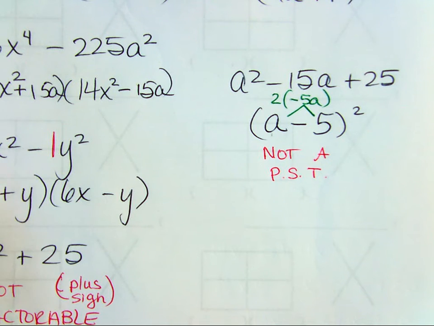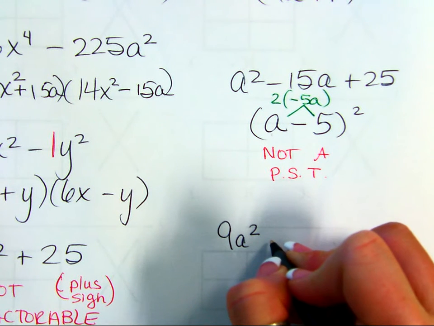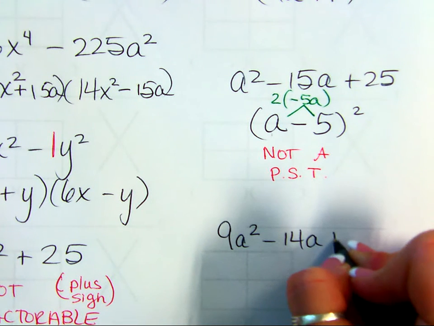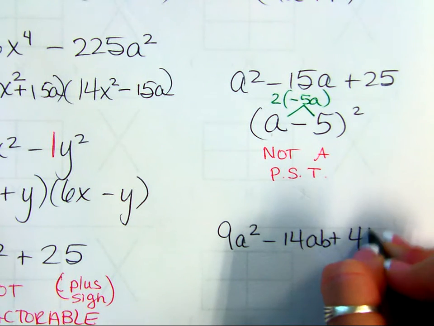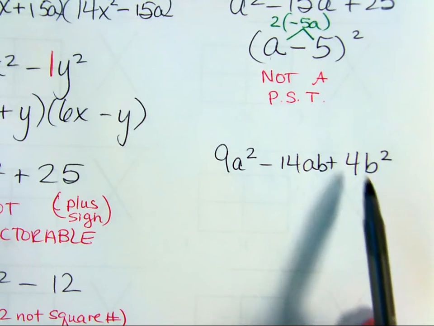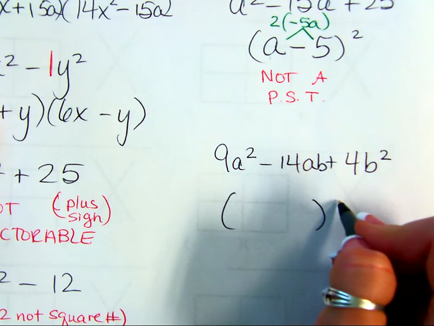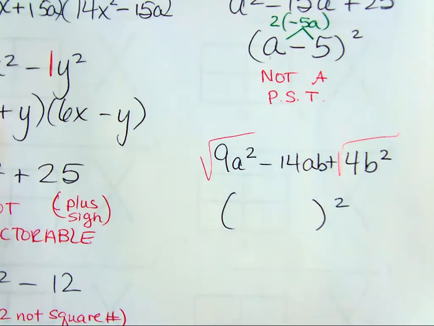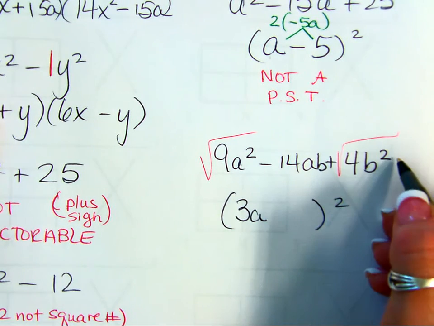So try this one. 9a squared minus 14a plus, let's say ab, plus 4b squared. Okay? I want to talk about what happens when there is a second variable there. All that means is this, guys. Look, if you're going to take the square root of this and the square root of that, if the square root of 9a squared is 3a, then the square root of 4b squared is 2b.